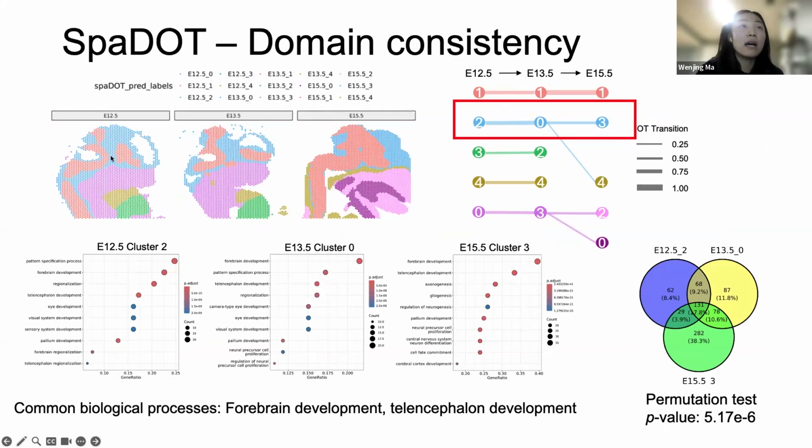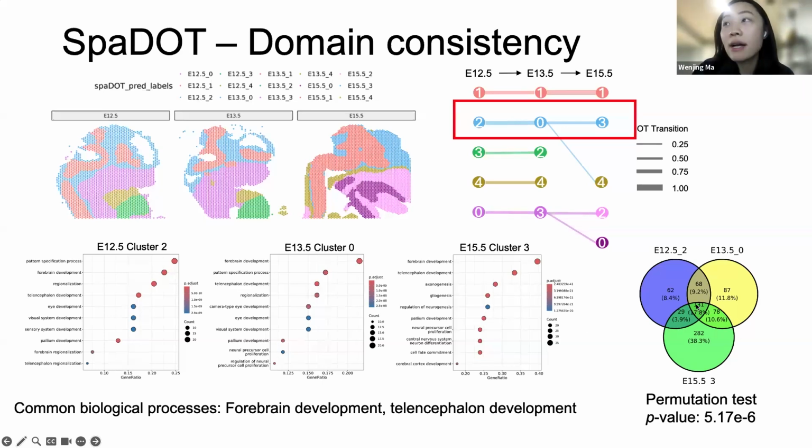Here, for the blue domains we detected, we performed the gene enrichment analysis, and we do notice certain common biological processes presented in all 3 time points, which are forebrain development, and they correspond well with the stained image as well as the location they are in. We also performed a Venn diagram for overlapping the gene enrichment for those 3 different clusters.